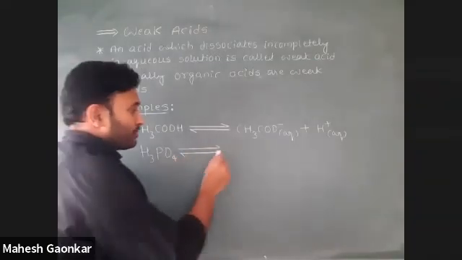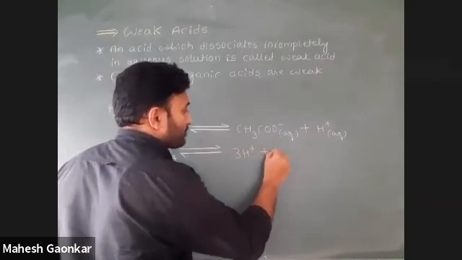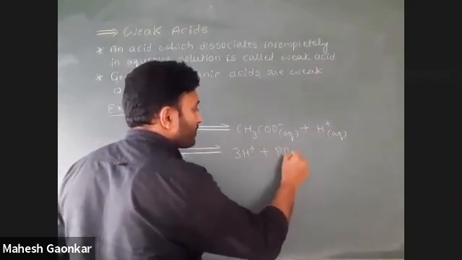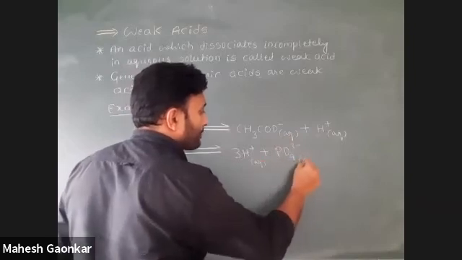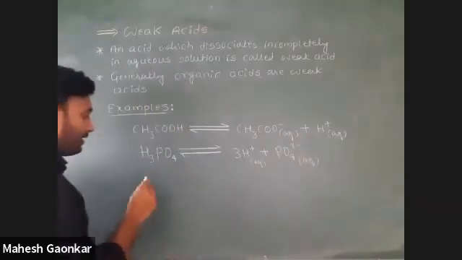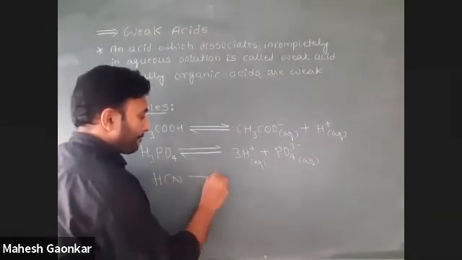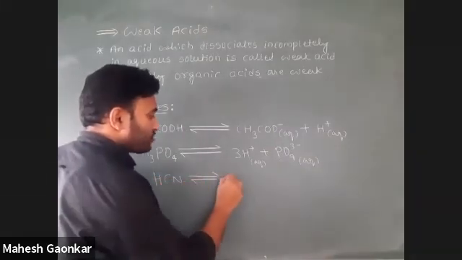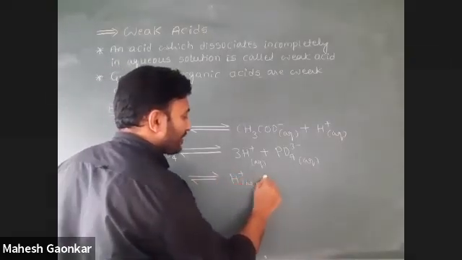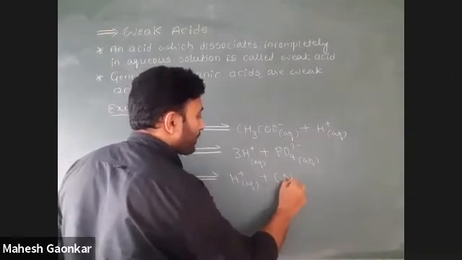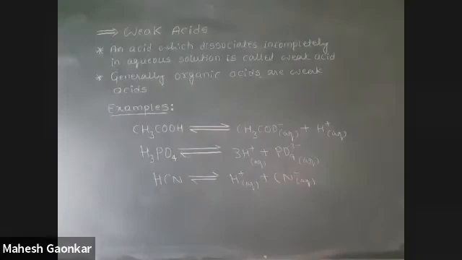Phosphoric acid, H3PO4, gives 3H plus and PO4 3 minus. And hydrogen cyanide, HCN, also ionizes partially, into H plus and CN minus.